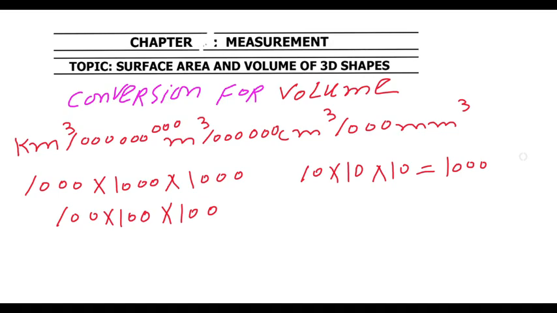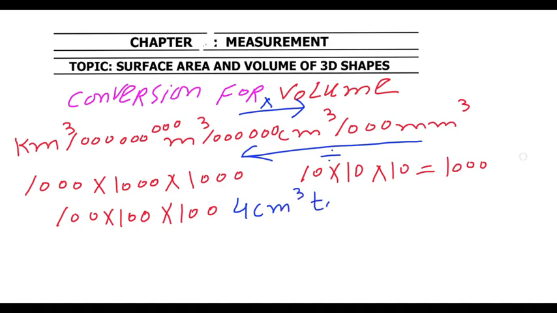Now the procedure is the same. If you go right hand side, you multiply, and from right to left, divide. Let's do some examples. Say we need to convert 4 centimeter cube to millimeter cube.